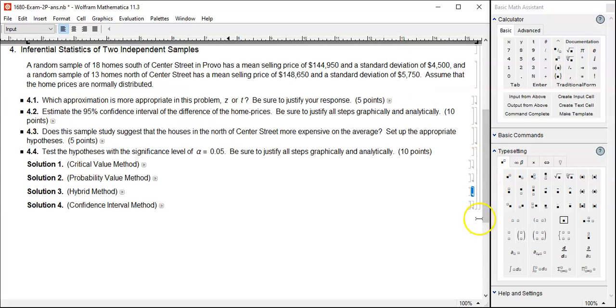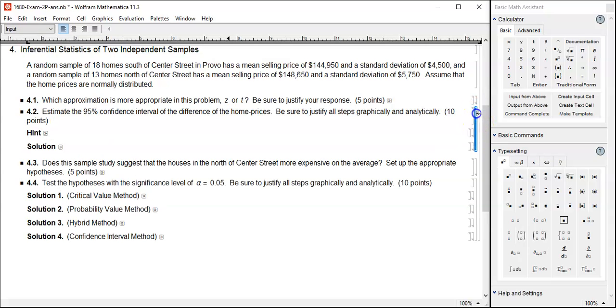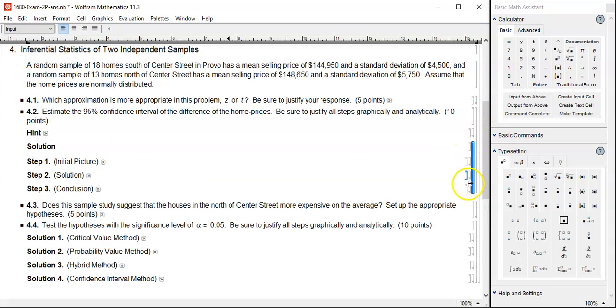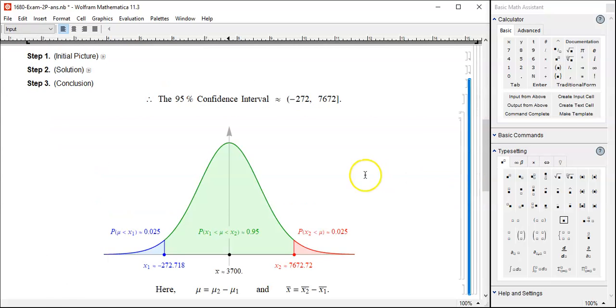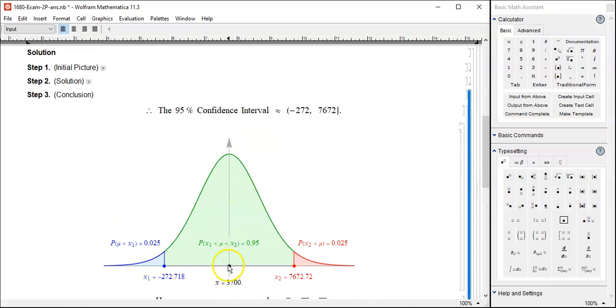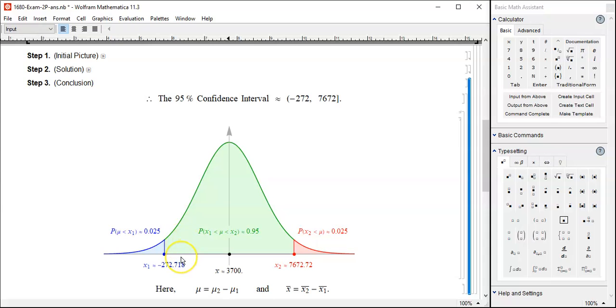Finally, how about the confidence interval method? Do you recall confidence interval computation? Calculate the confidence interval, and we got this, 3,700 was here, but 0 was inside the confidence interval, so that means 0 must be close to 3,700, but why? Why is the null hypothesis losing?